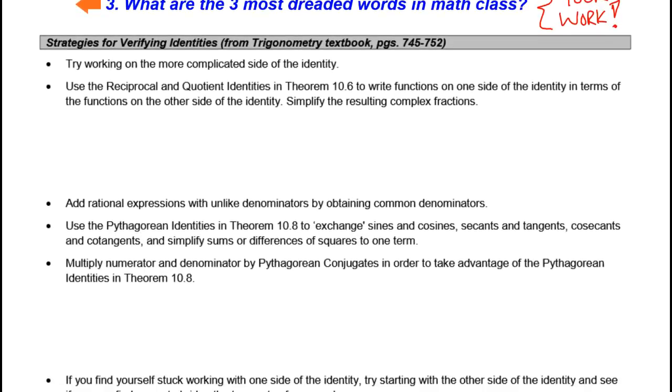These strategies for verifying identities are from your textbook, and they're covered on pages 745 to 752. I'm going to go through these quickly, and I will give you some additional things that you can use throughout these problems. First bullet point says try working on the more complicated side of the identity.